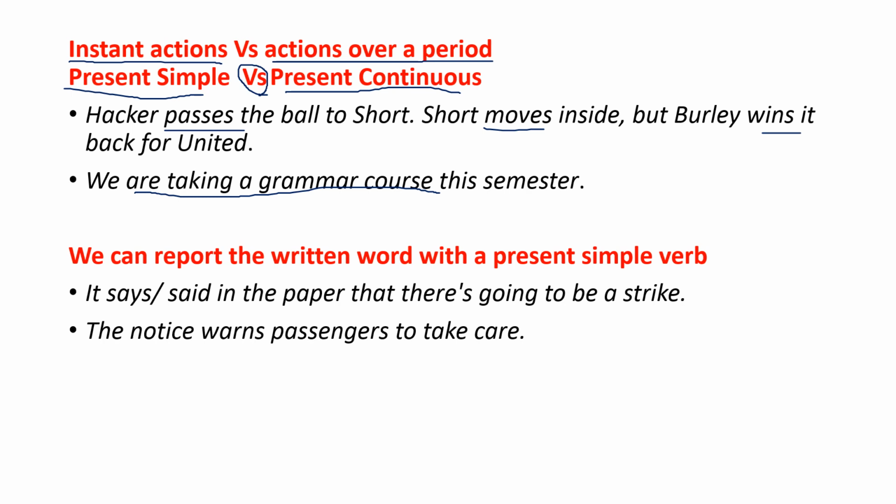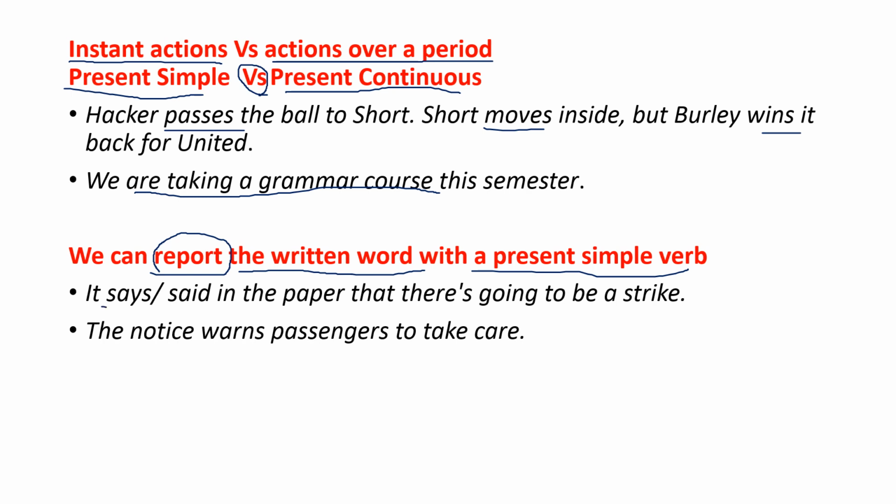We can also use reporting verbs. The reporting verbs are verbs like tell, say. Okay, these verbs, when we have a written word, we use the present simple. We can use the present simple of a reporting verb when we are reporting what someone else says.